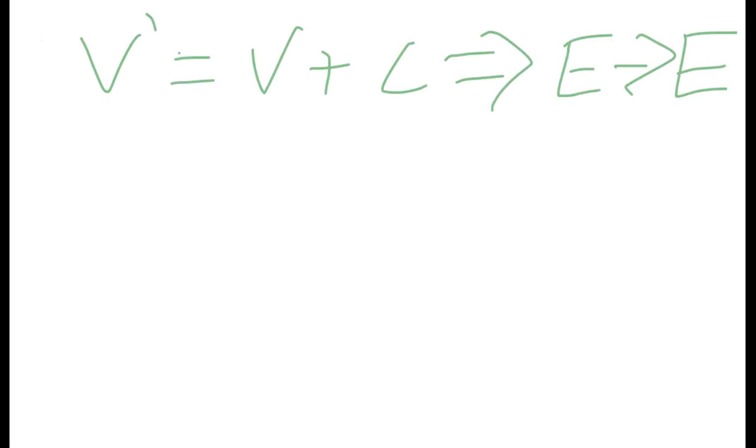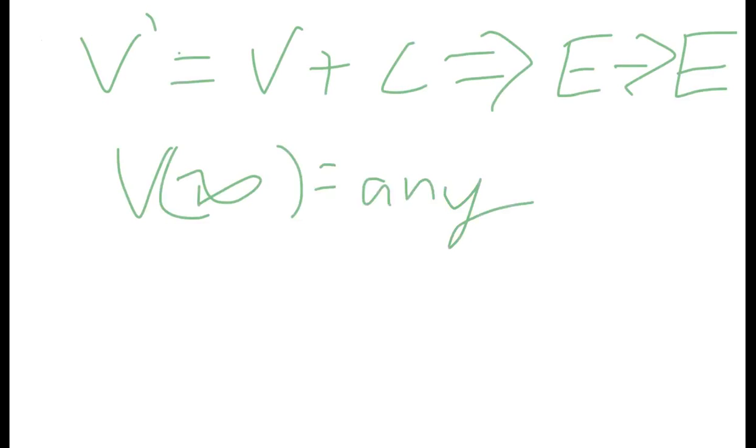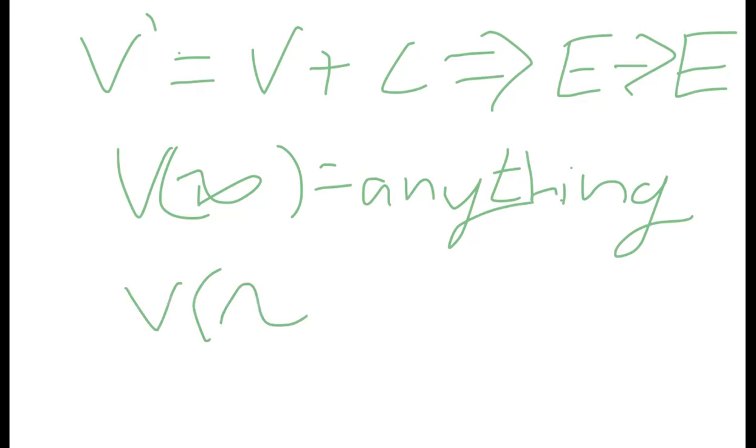It means here that basically V infinity can be anything. We can choose any value. Now, the most common choice is V infinity is equal to 0.